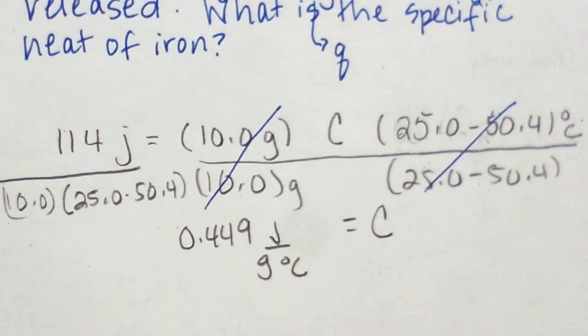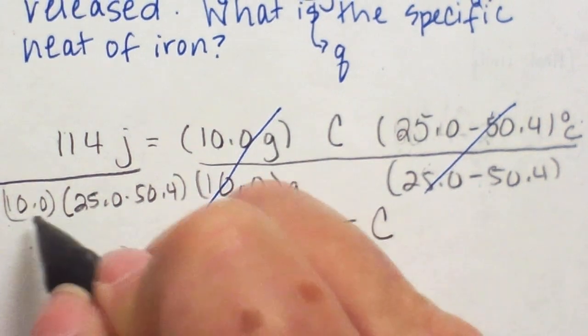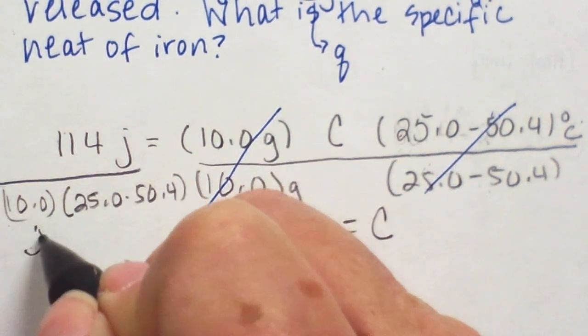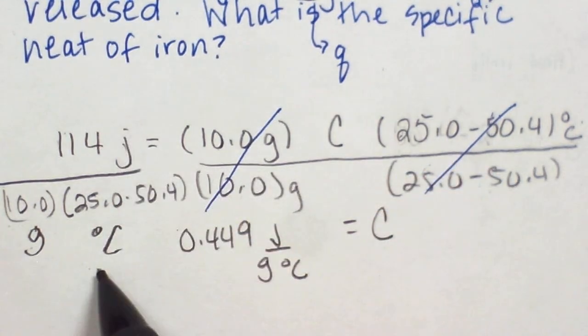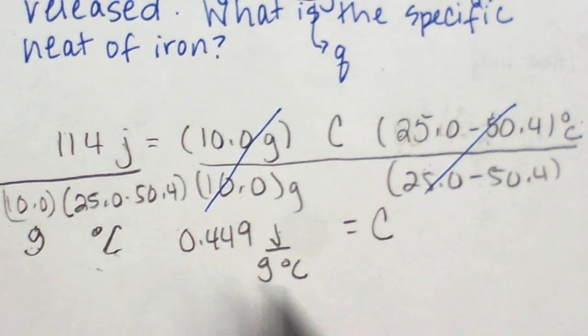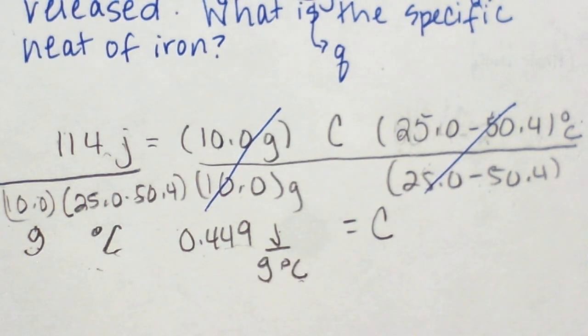But not only that, when I did that, I got grams and degrees Celsius. So my final units were joules per gram degrees Celsius, which is what I want for my specific heat. And then when I divided this out, I got 0.449, which is in fact the specific heat of iron.